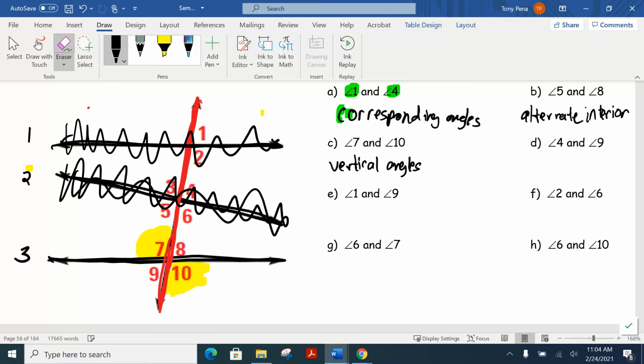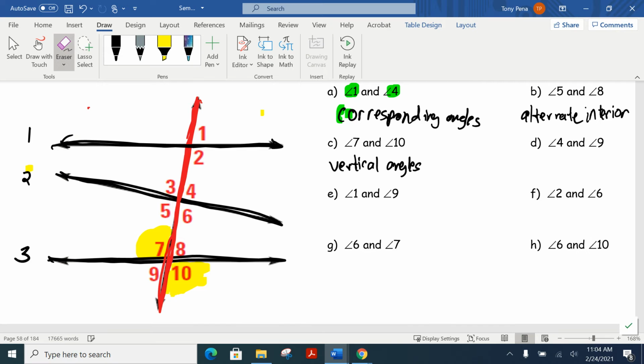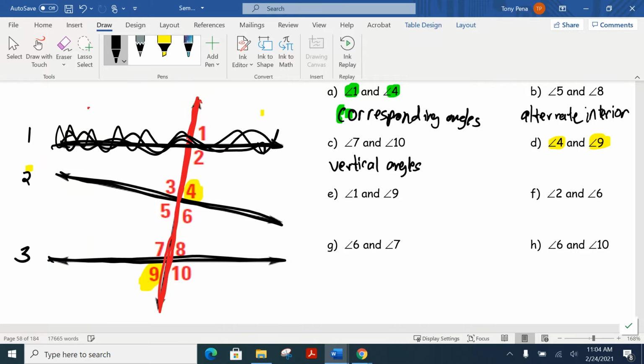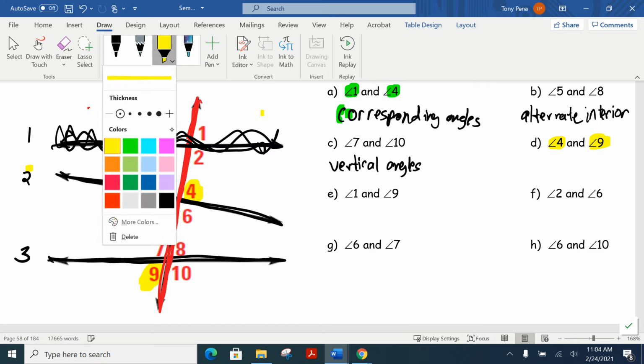Okay, and then the last one we're going to do together before I want you to try some is letter D. So angle 4 is here. Angle 9 is here. So the line we are unconcerned about now is this one. If we think about insides and outsides, look at the 2 lines that you have.